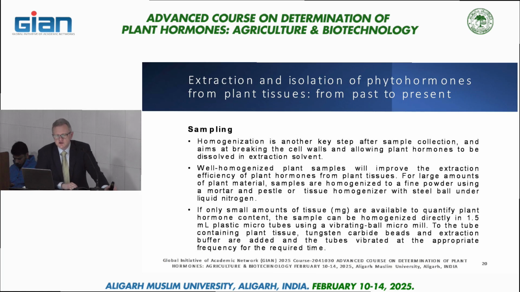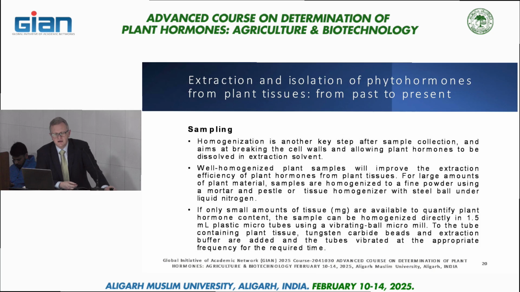To prevent degradation, homogenization is often performed under liquid nitrogen. For larger plant samples, we use a mortar and pestle, but sometimes special homogenizers. For small amounts of tissue, micro-homogenization techniques such as vibrating ball micromills are used.